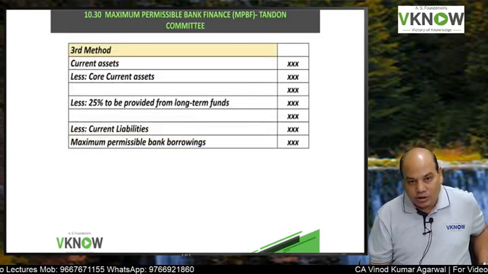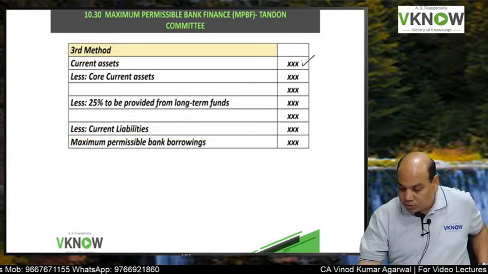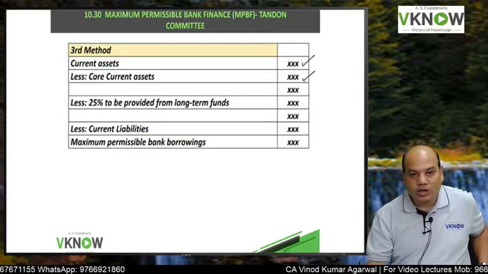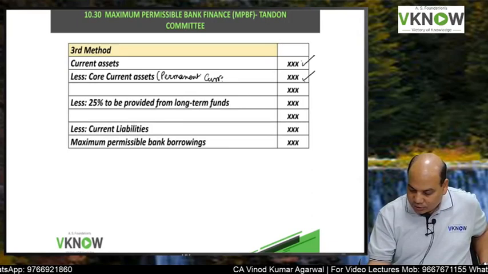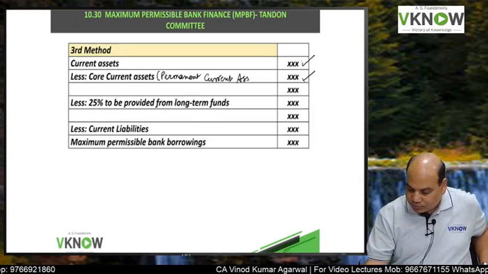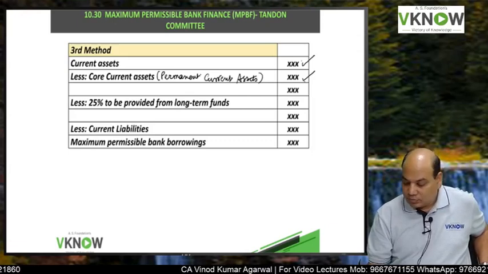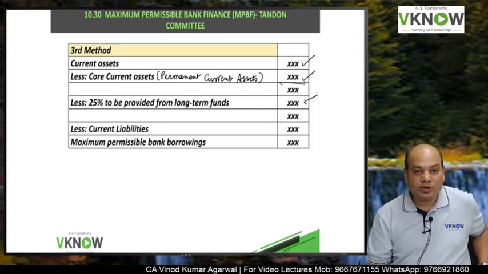And method 3 is even more conservative. It says first you calculate current asset. From that you deduct core current asset. Core current asset means what you have learned, permanent current asset, which we discussed in the beginning today, which is always there in the firm. After that, you further deduct 25%.